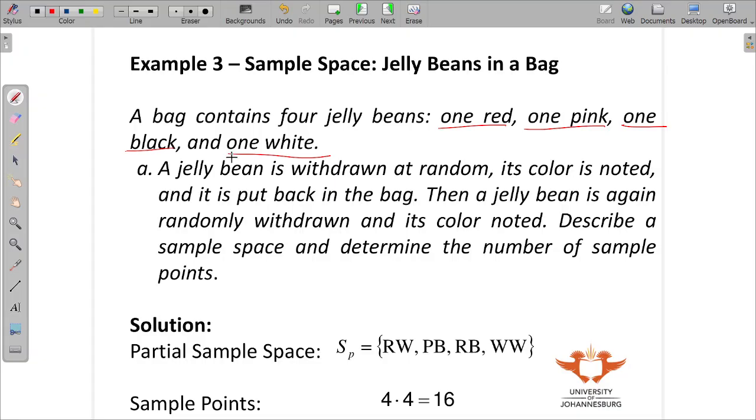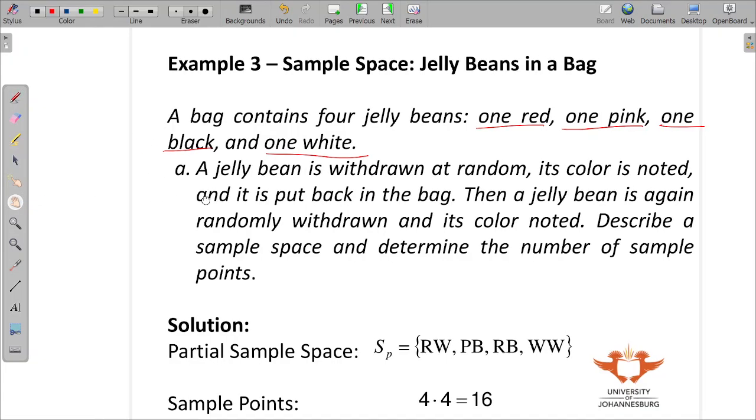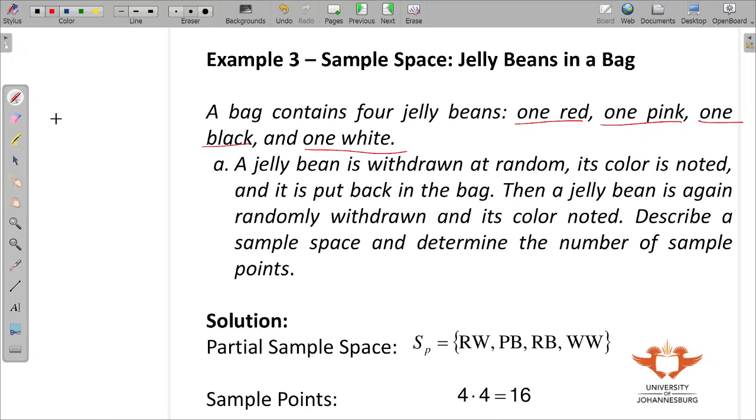In probability, we are going to be talking about 2 things which we have to take note of very strongly. Number 1, without replacement. And number 2, with replacement.